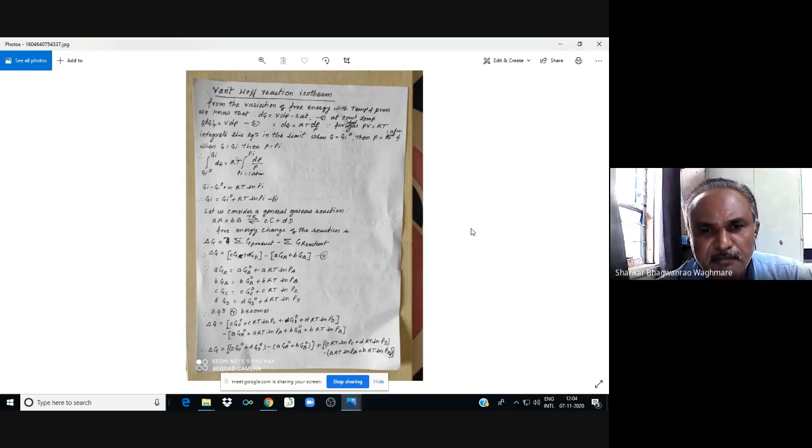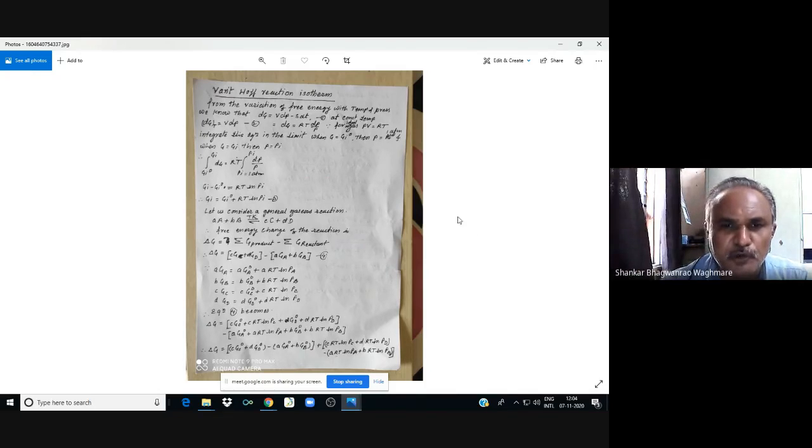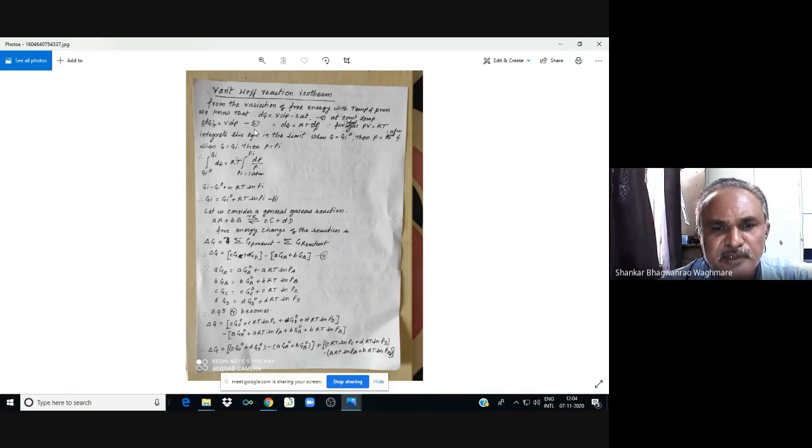If we apply the condition of constant temperature, the term minus SdT becomes 0, and therefore equation 1 becomes dG is equal to VdP at constant temperature. Suppose this is equation number 2.